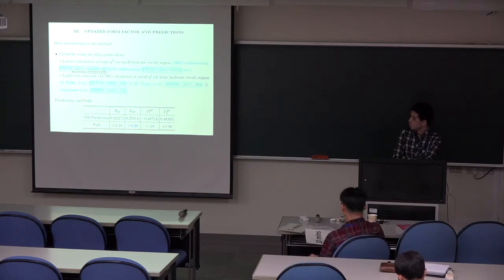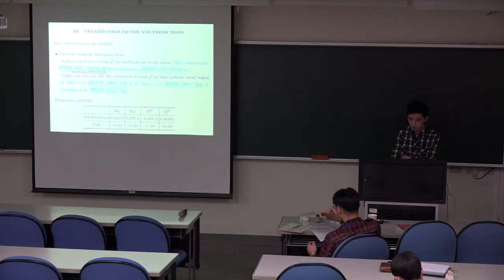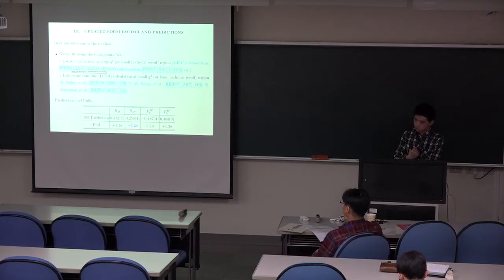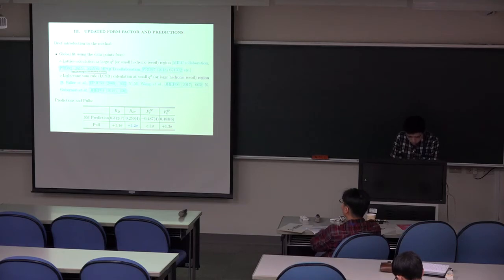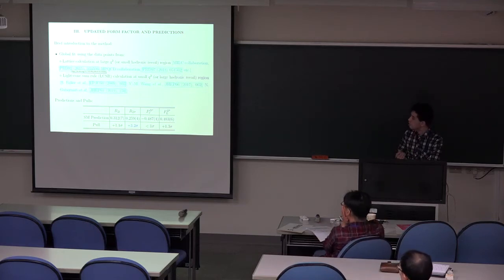Here q squared is the invariant mass of tau and nu. Of course, the same for the lepton and the nu. For the data with the small q squared, they calculated using the QCD sum rule, but I don't know what it is.